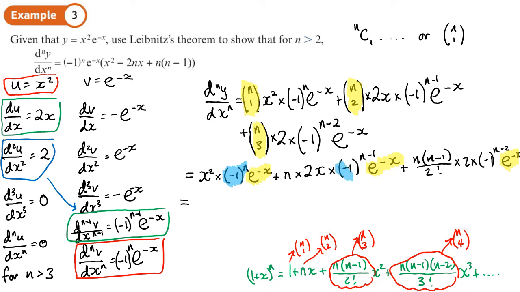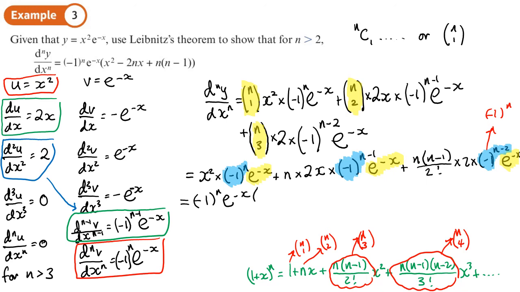Now, if we take it out as a factor here, we need to put a negative in front of that term. But this is the same as (-1) to the power n. So that's also going to be the same as (-1) to the power n, because every other power is going to give you the same value. So let's take that out: (-1) to the power n, e to the minus x.